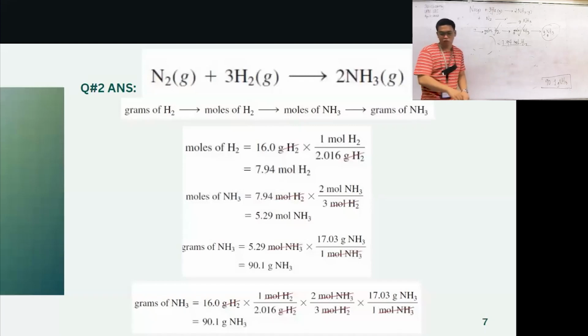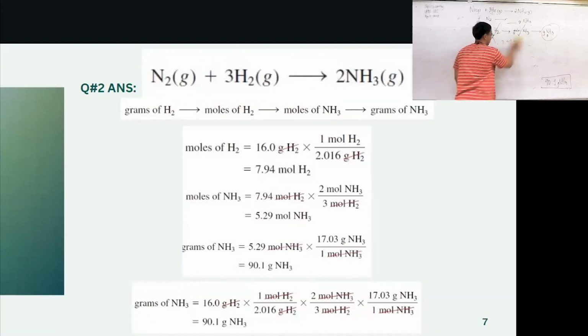You multiply by 1/2.016, which is the molecular weight of hydrogen. Then the next term is 2 moles of ammonia gas over 3 moles of hydrogen gas. That's the conversion factor, or the stoichiometric equivalence. And then lastly, you multiply 1 mole of ammonia gas is to 17.03 grams of ammonia, which is the molecular weight of ammonia gas. And we arrive at 90.1 grams of ammonia.